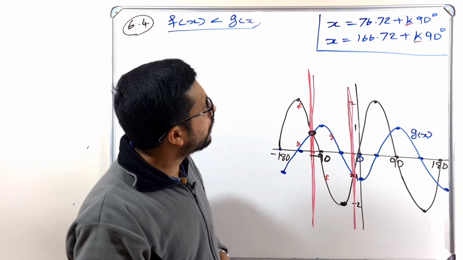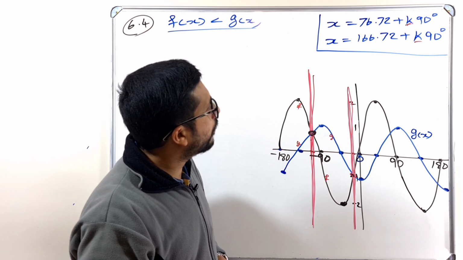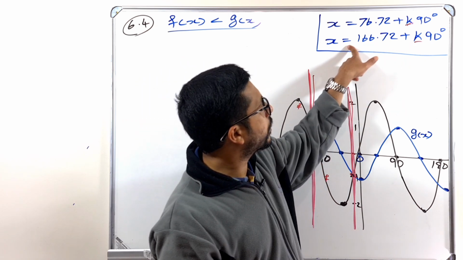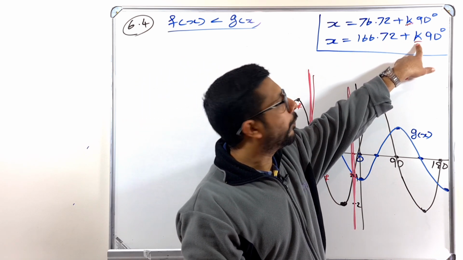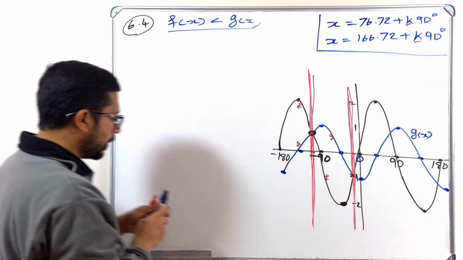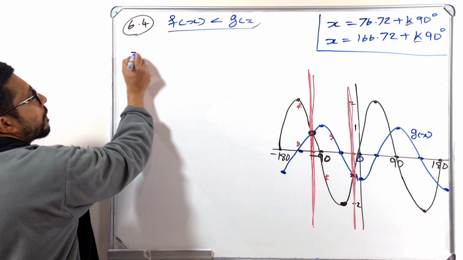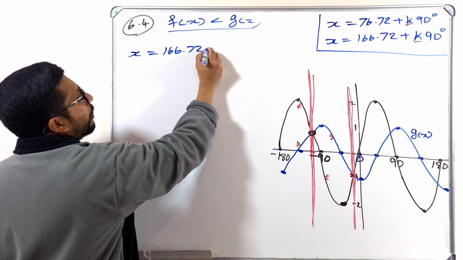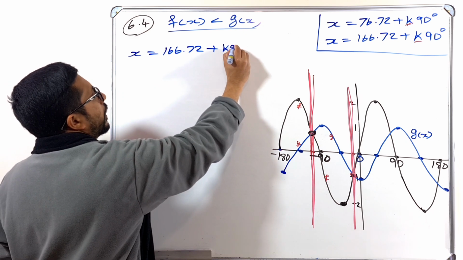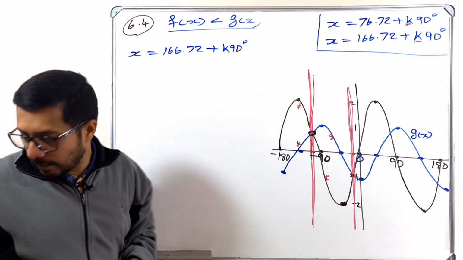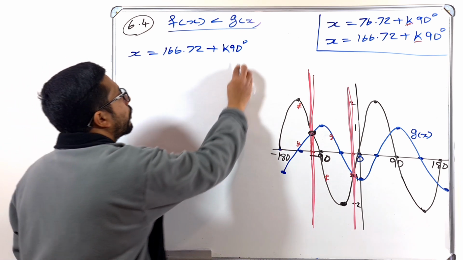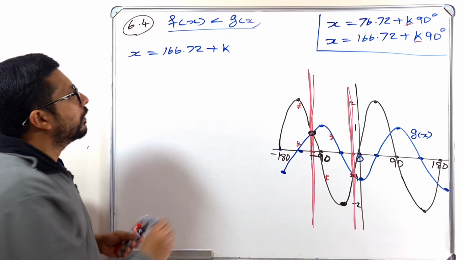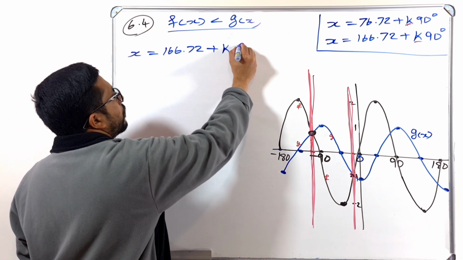Okay, so which value can we substitute to find the value of this point? What about if I substitute in this equation the value of k as minus 1? Okay, so what is the equation? x is equal to 166.72 plus k times 90.